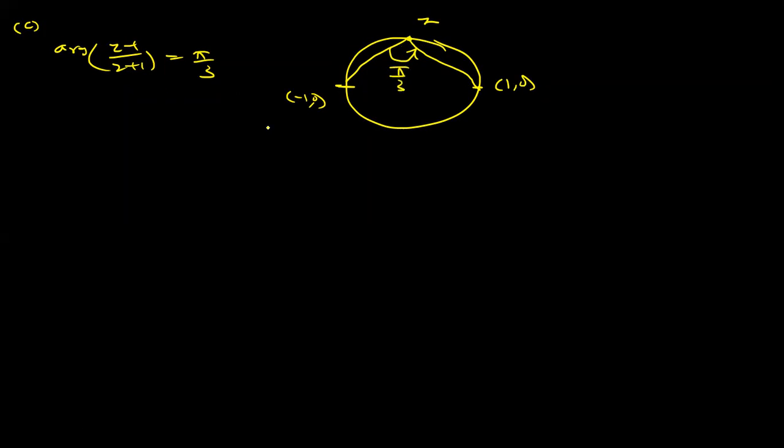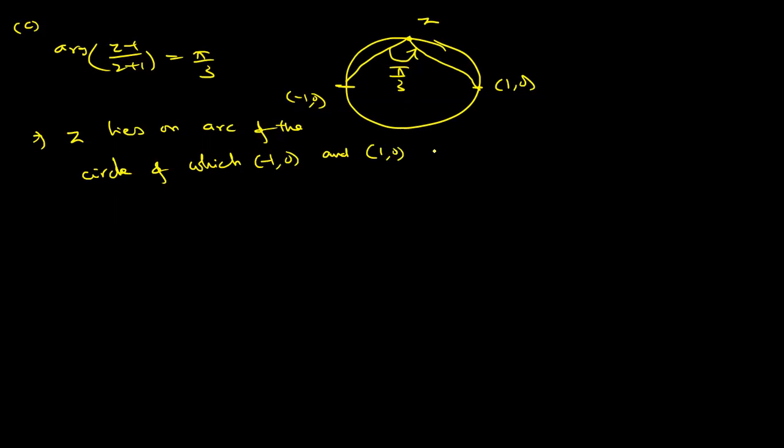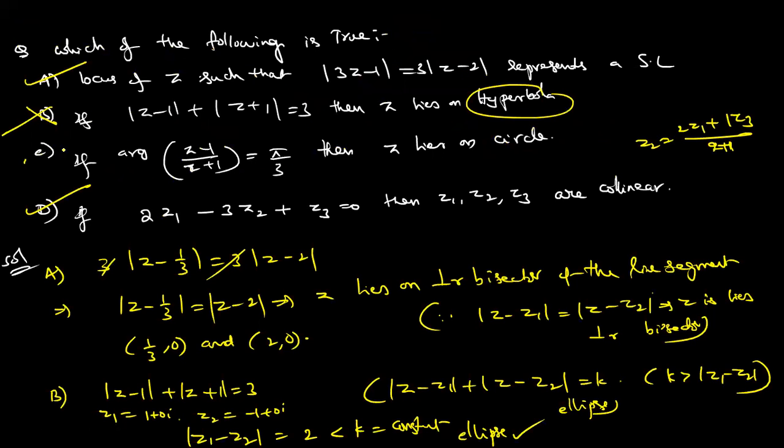Pi by 3. So then you can say clearly that z lies on an arc of the circle, of which one end is (minus 1, 0) and the other is (1, 0). That means these are the ends of a chord. It's not a diameter chord. So the locus of z is like that. So option C is also true. Multiple choice question.